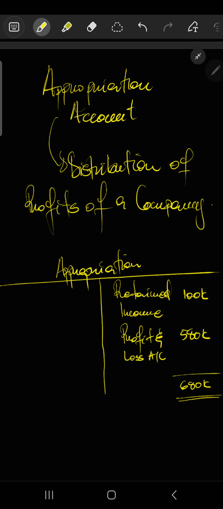So this means that this 680,000 is going to be shared amongst income tax and what? And dividends. Income tax is going to be calculated using the tax percentage.